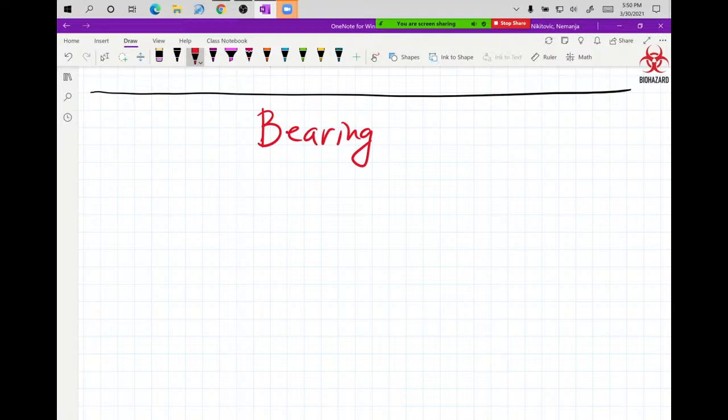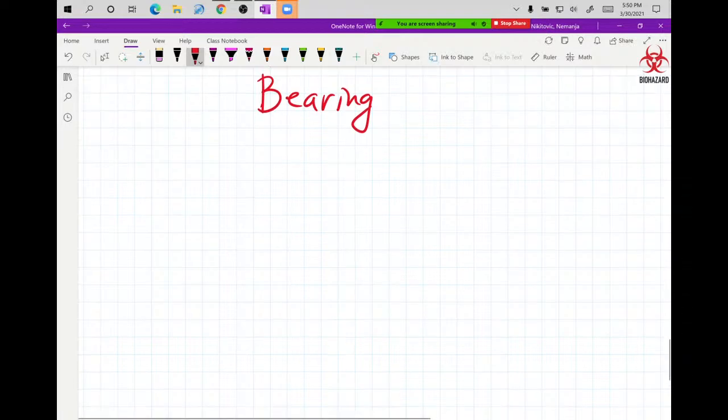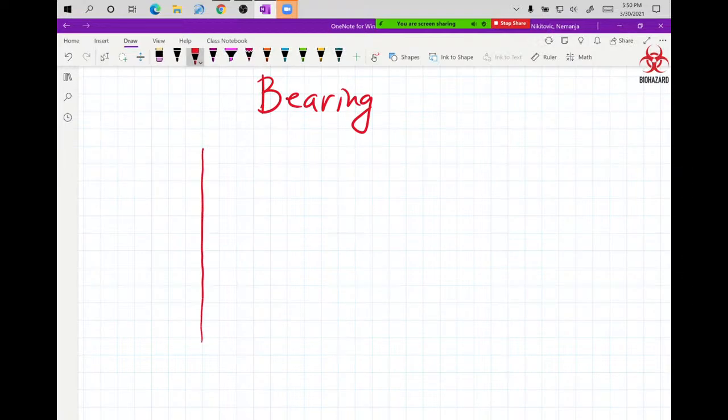So what do we have? It looks like an XY coordinate system, but instead of X and Y, we'll put north, south, east, and west.